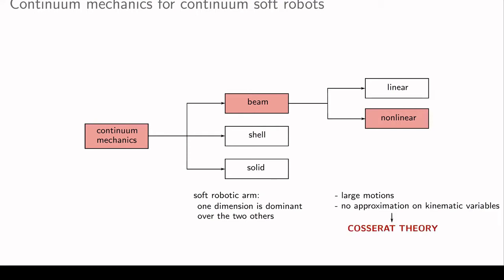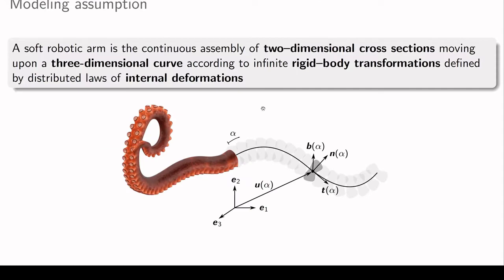And one theory that is really appealing for dealing with this kind of model is Cosserat rod theory. The basic assumption of this theory is that a soft robotic arm can be seen as a continuous assembly of bidimensional cross sections which move on a three-dimensional curve, according to infinite rigid body transformations defined by the internal laws of deformation.